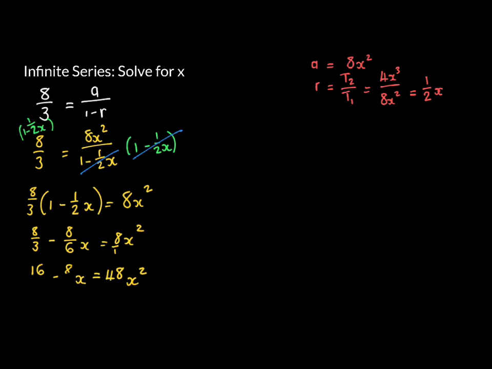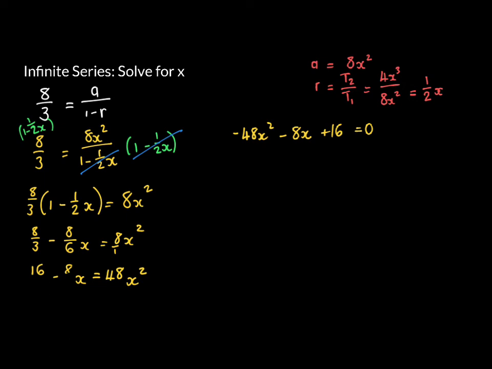And then I'm going to rewrite it so that we can actually use it. Okay, so I'm going to take 48x squared over to the other side. So I'm going to get negative 48x squared minus 8x, I'm just going to write them in order, plus 16 is equal to 0. And then I'm going to divide through by 8, because that'll just make it a little bit easier. Let's make it negative 8 so that this x squared doesn't have a negative in front of it.